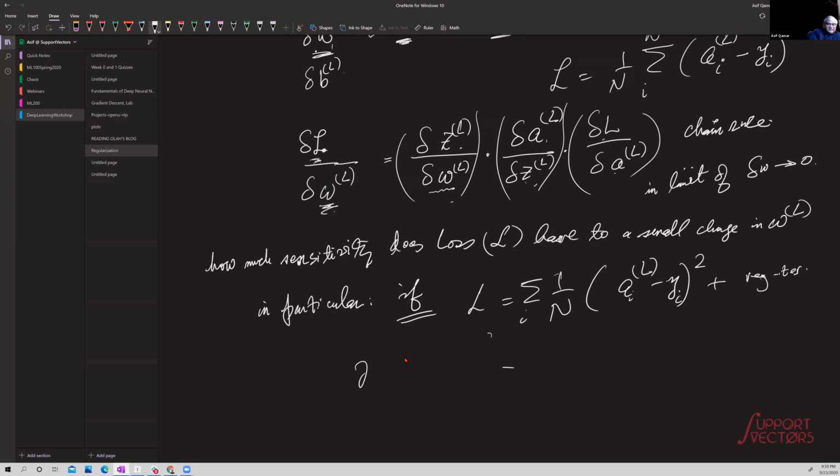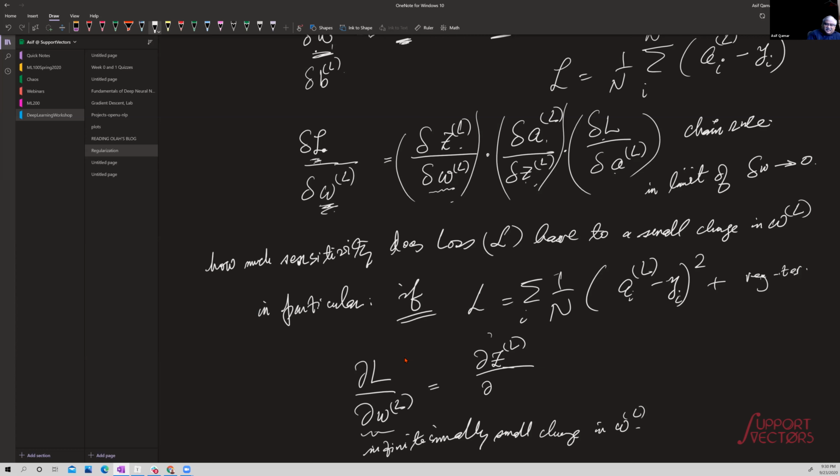So this is infinitesimally small. So imagine an infinitesimally small change in W. So when people write this partial derivative, all they are saying is that it has to be genuinely very, very small.